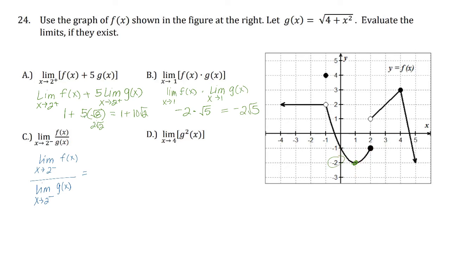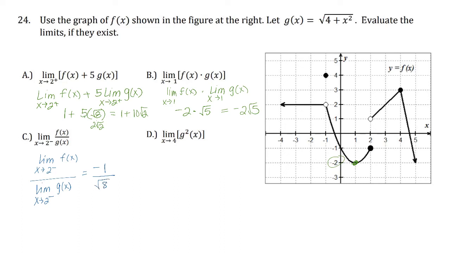So I have negative 1. So here I'm going to have negative 1 over the square root of 8 from the left. I think that was going to give me the same value as we had earlier. It's going to be the square root of 8.